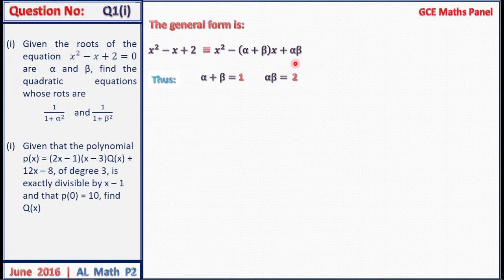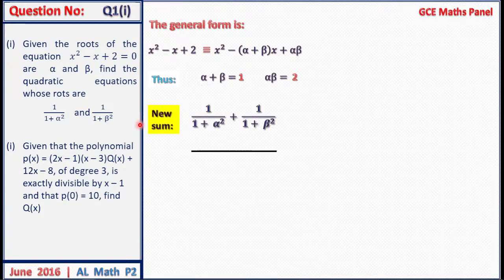At this point, we can now look for the new sum and the new product of our new equation so that we can form it. Since the new roots are 1 over 1 plus alpha squared and 1 over 1 plus beta squared, our new sum will be 1 over 1 plus alpha squared plus 1 over 1 plus beta squared.